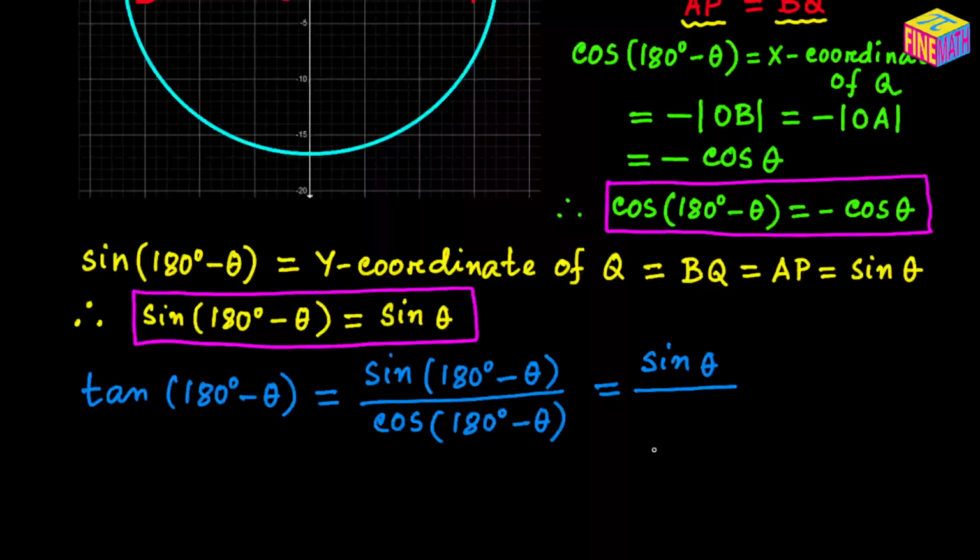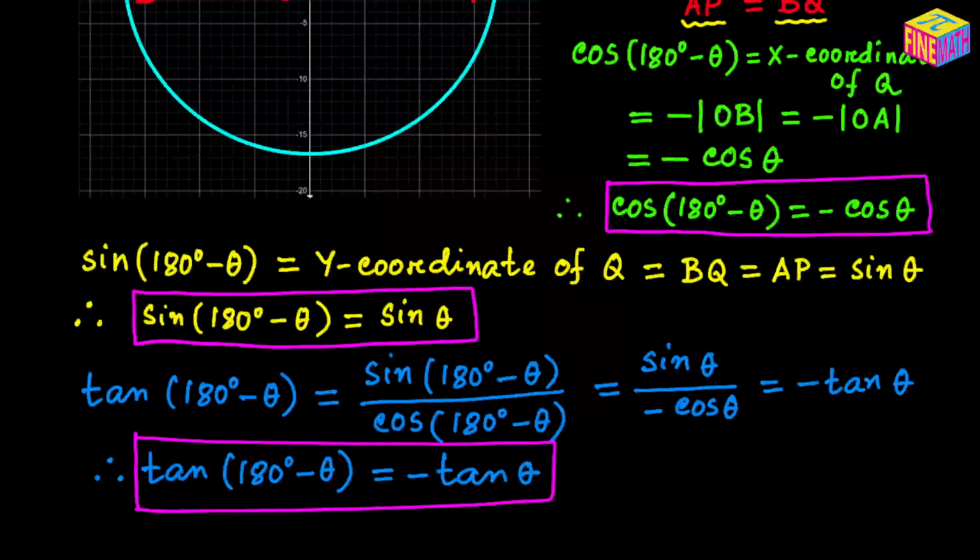And then what is the value of the cosine of 180 degrees minus theta? Well, that is actually negative cosine of theta. So from here we see that this is negative sine divided by cosine, that is tangent. So this would be negative tangent of theta. So we have been able to calculate the value of tangent of 180 degrees minus theta in terms of the ratio of the theta angle. So let me make a quick note.